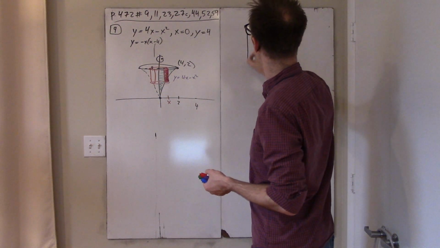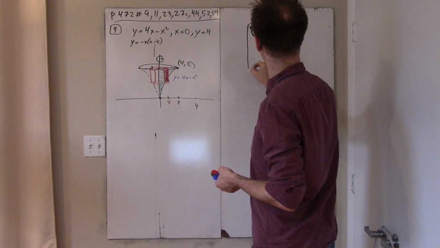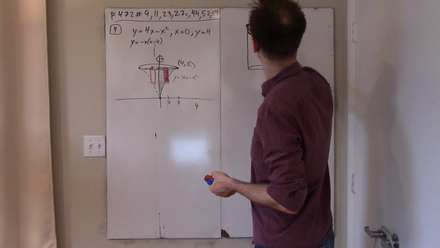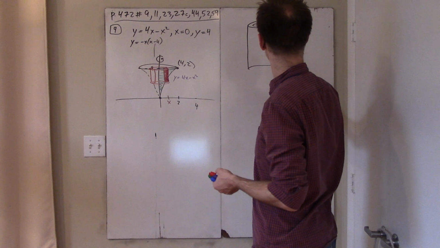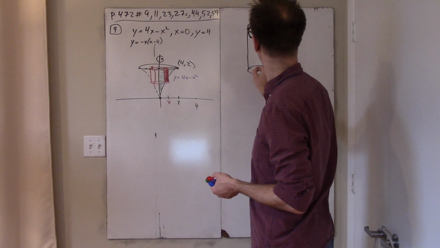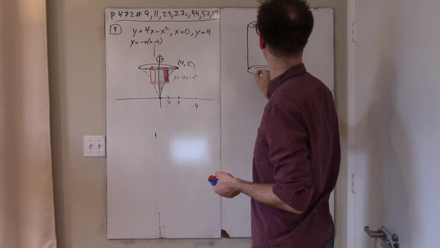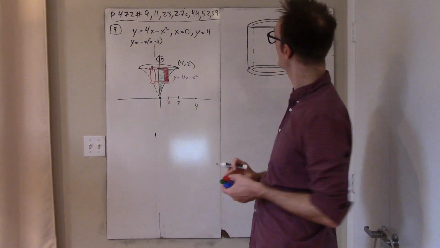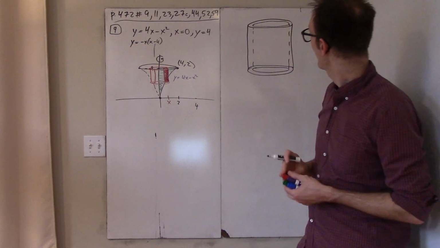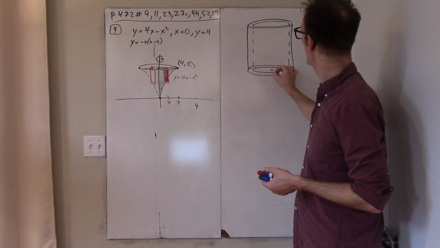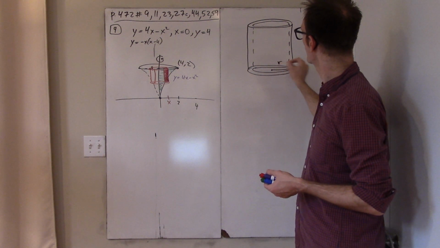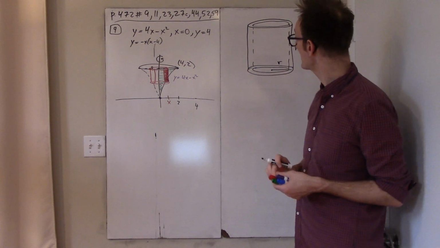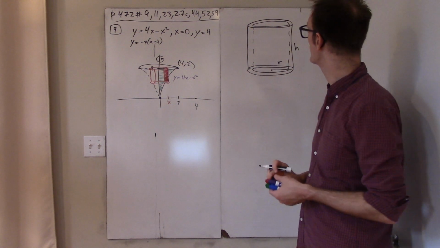I don't think I've ever drawn this particular picture before. What is a shell? It's just a tiny thin cylinder minus another cylinder. If this shell has a certain radius, a certain height, and a certain thickness, then what's the volume of that shell?